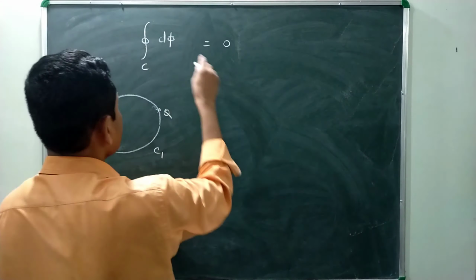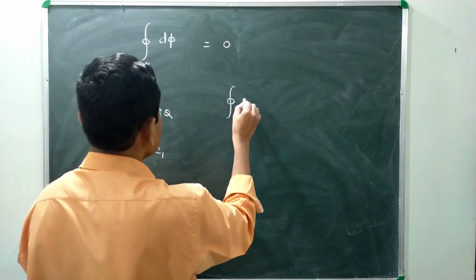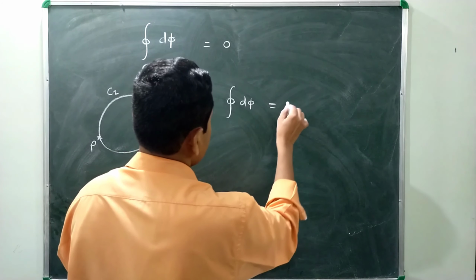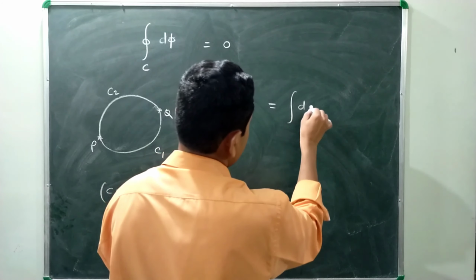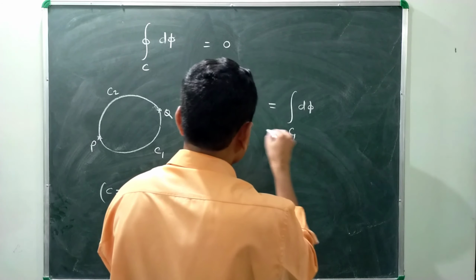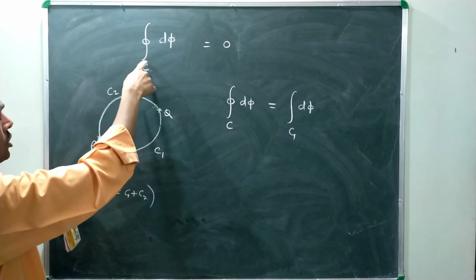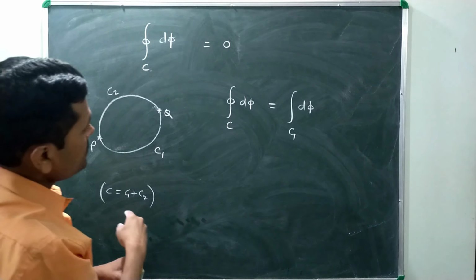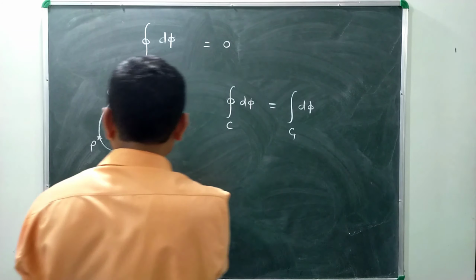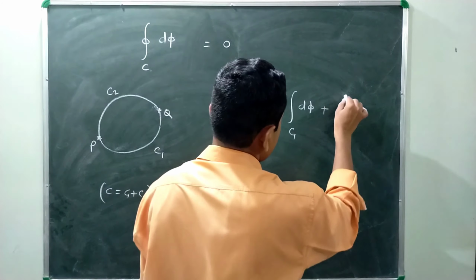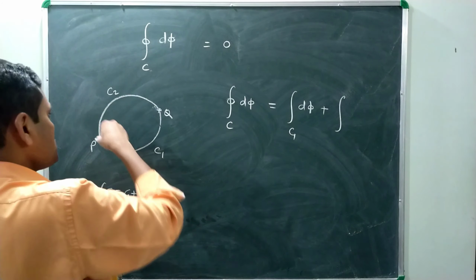So this integral along curve C, closed curve C, may be written as integral along this curve C1 plus integral along this curve C2.